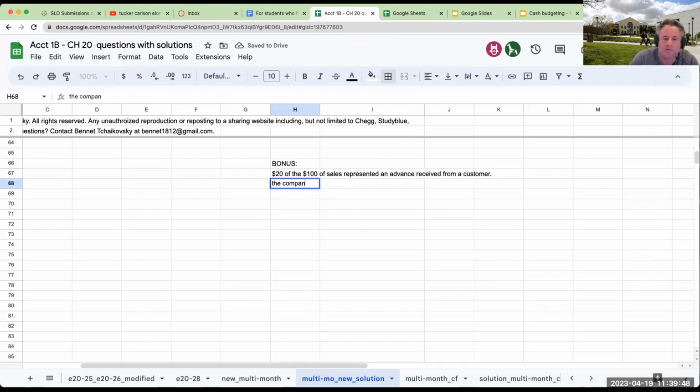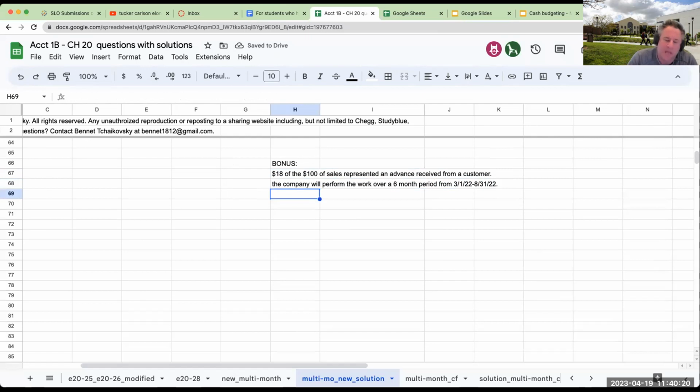The company will perform the work over, actually, I'm going to change this. We're going to say 18. The company will perform the work over a 6-month period, from 3/1/22, March, April, May, June, July, August, to 8/31/22.